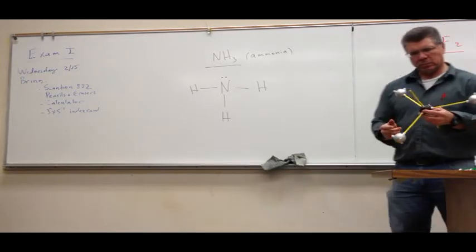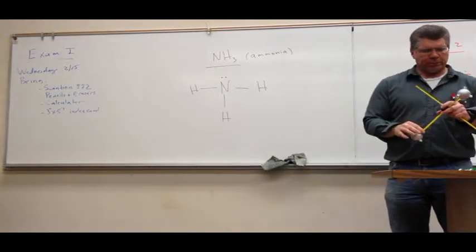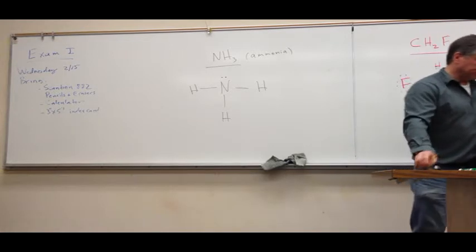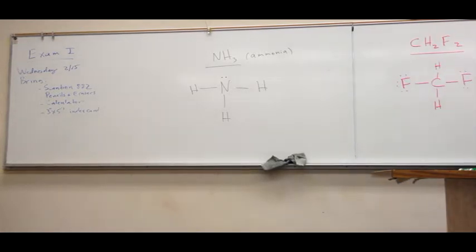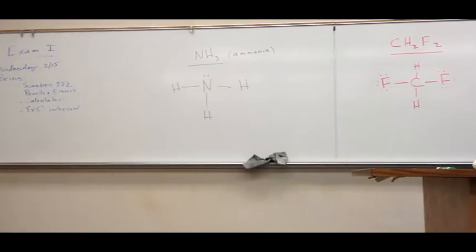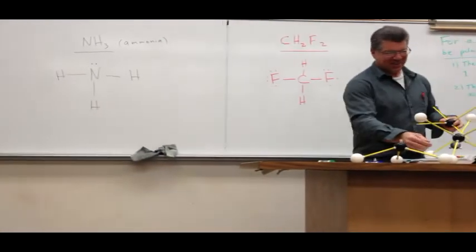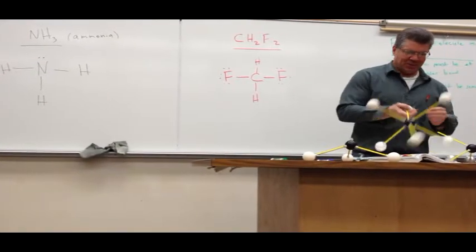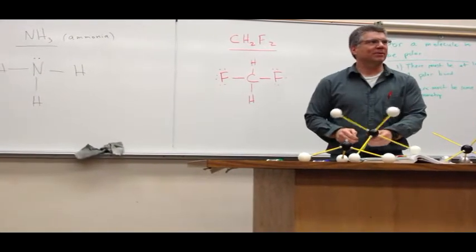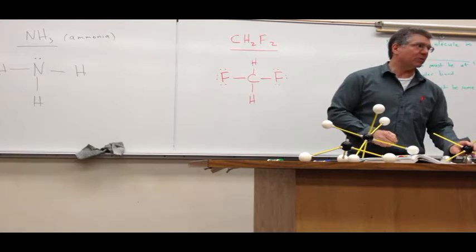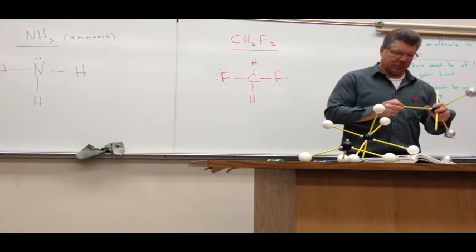Let's see. What about the trigonal bipyramidal electron group geometry? Remember where the first lone pair goes? Anybody remember? Equatorial, right? The sides.